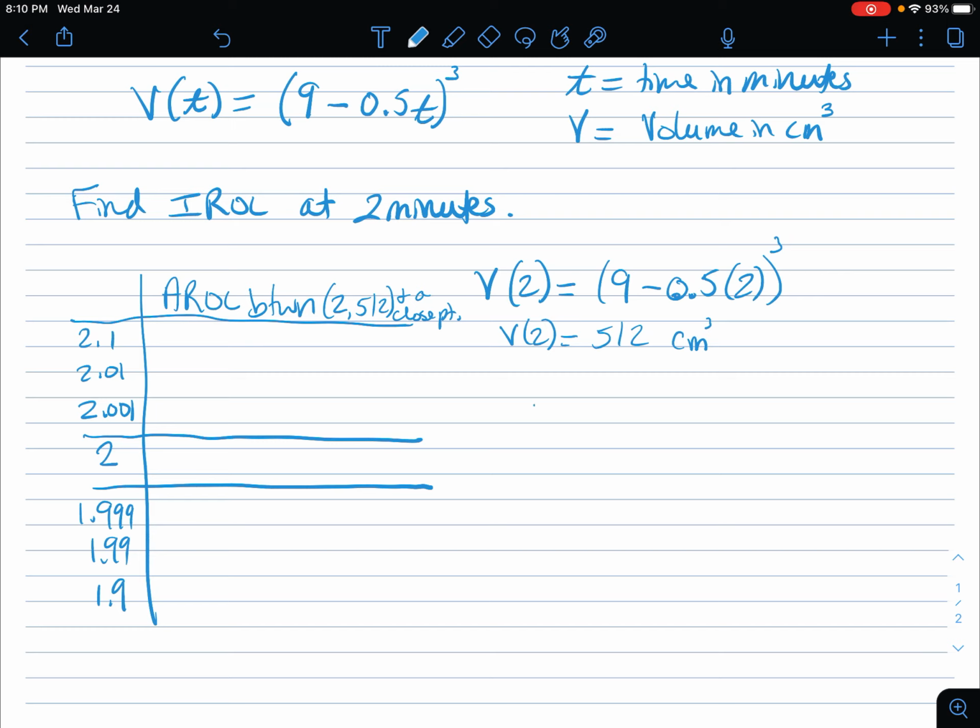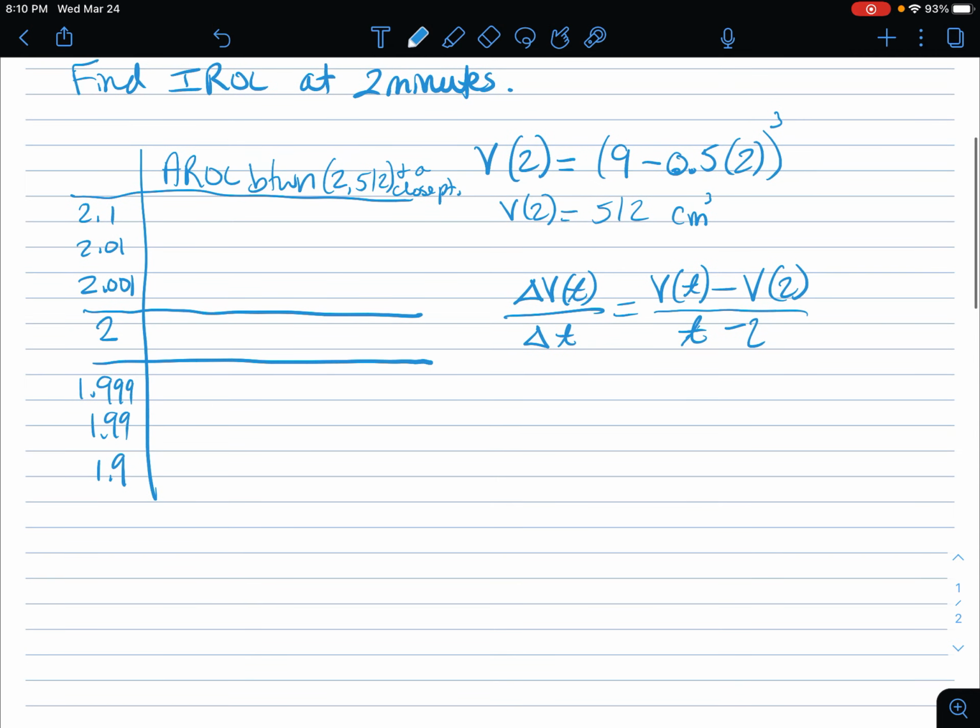So we need to come up with our formula. Again, that's the change in the outputs divided by the change in the inputs. So V of t minus V of 2, that's the one point we actually know to plug in right now, and t minus 2.